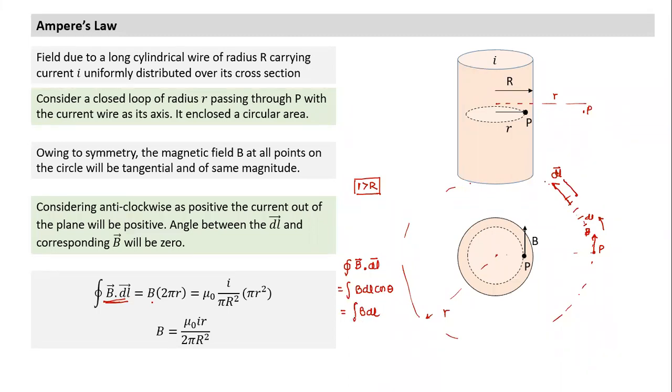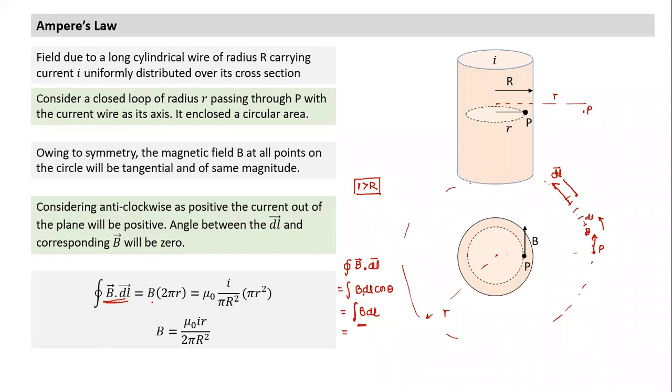How do we find this value now? What is the integral of B dl? How do we evaluate this? This is what we have to find over a path which is circular, for this entire circular path. What should I do next? Equate it to mu naught into... No, that will come later.